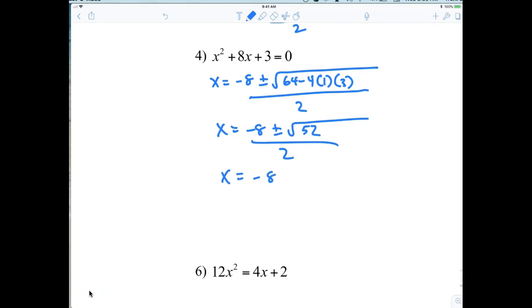So x equals negative 8 plus or minus, I think it's 2 radical 13 over 2, right? Very good. Remember, 52 is just 4 times 13.